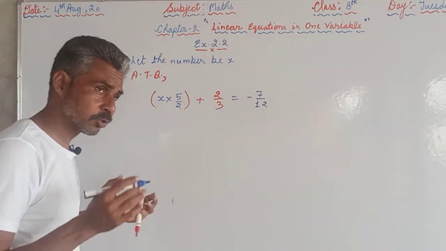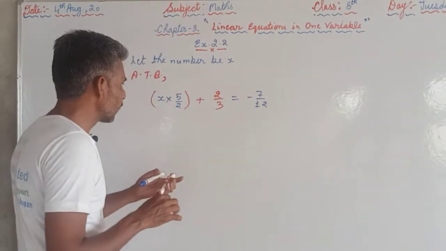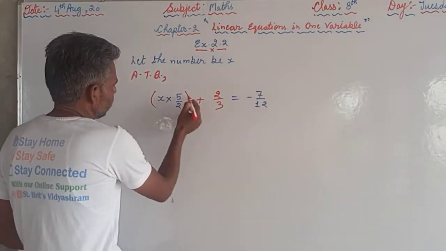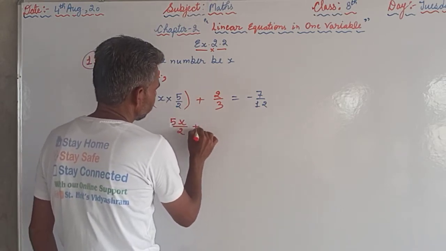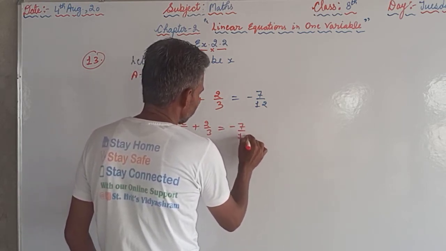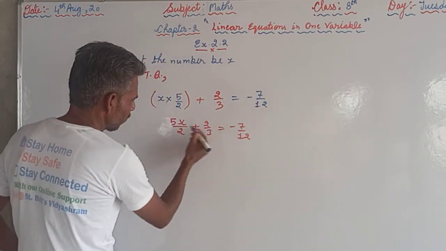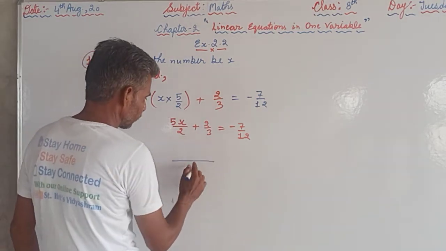Now we will try to solve this linear equation to find the value of x, that will be our answer. So if we multiply this, we will get 5x upon 2 plus 2 upon 3 equals to -7 upon 12. Now we will take the LCM of the denominators 2 and 3 on the left hand side, that is 6.